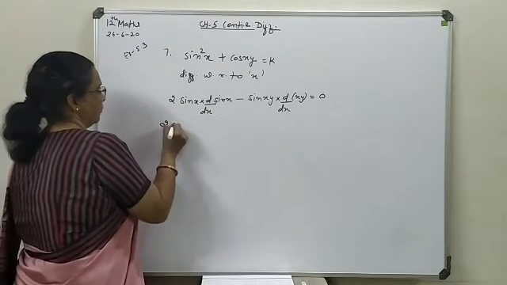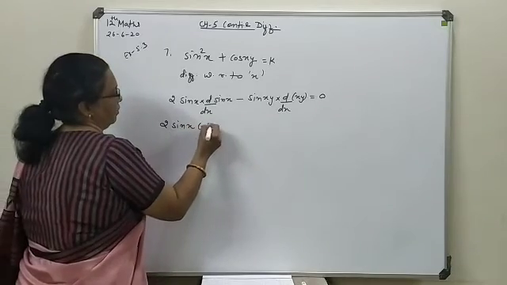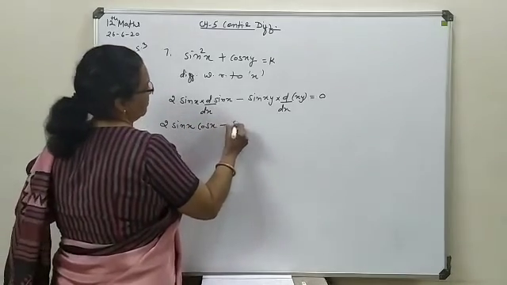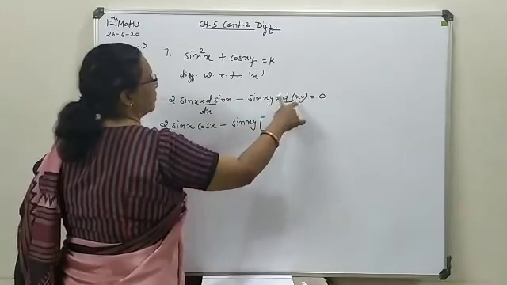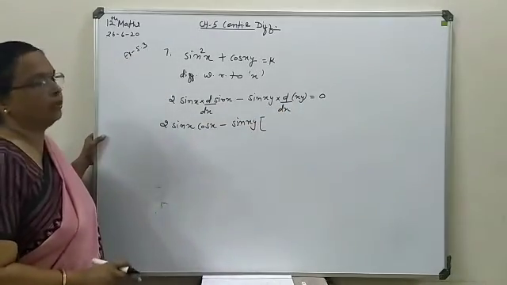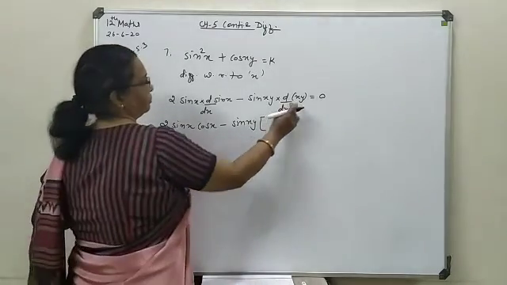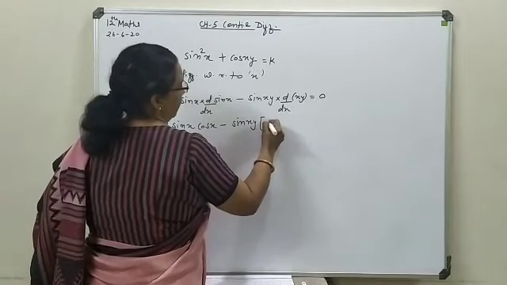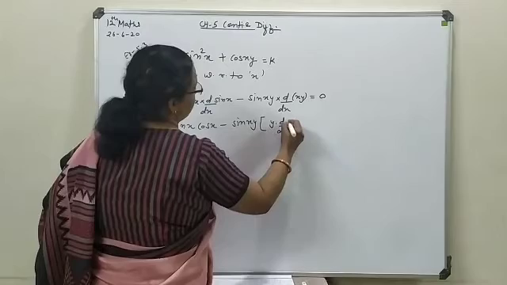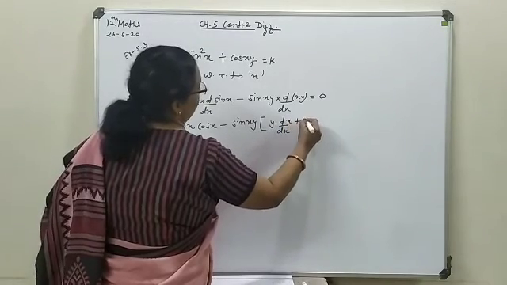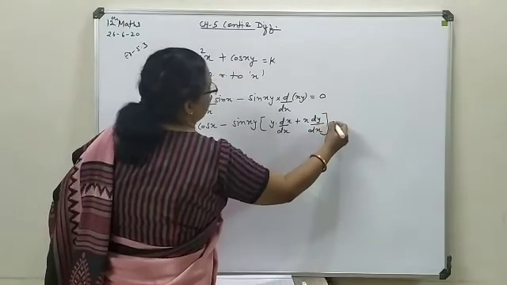Now 2 sin x, differentiation of sin will be cos x. This minus sin xy you will keep as such. Now as this is a product of two variables, again you will implement the product rule here. So first, y you are keeping as such, differentiation of x, plus x you are keeping as such, dy by dx.